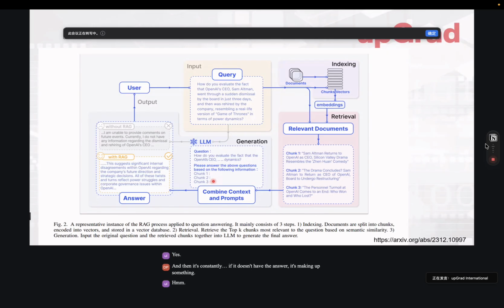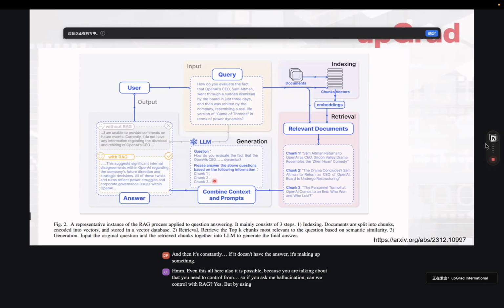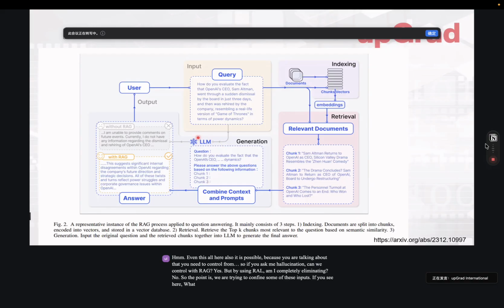Even here it is possible, because you need to control it. So if you ask me, can hallucination be controlled with RAG? Yes. But by using RAG, am I completely eliminating it? No. The point is, we are trying to confine some of these inputs. What I am doing is not changing the LLM's general behavior. I am giving extra chunks so that it will give me some relevant answer.